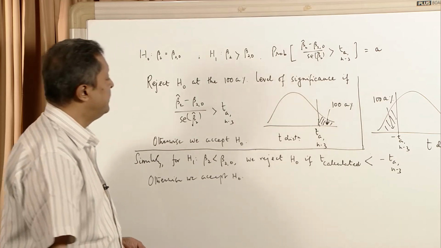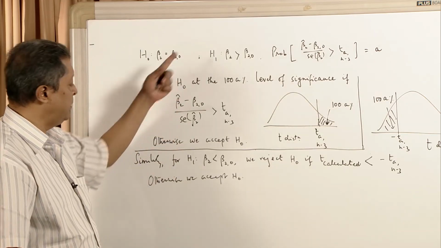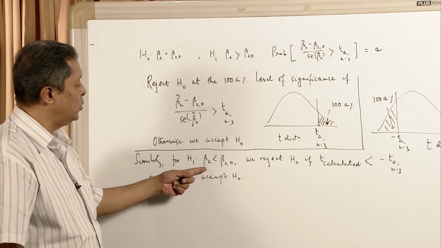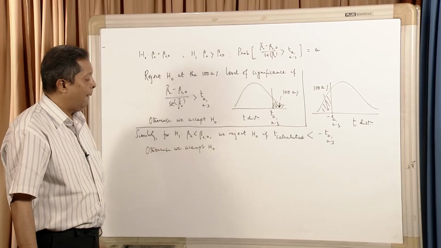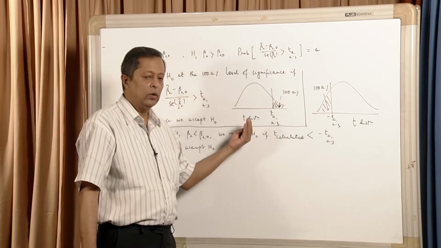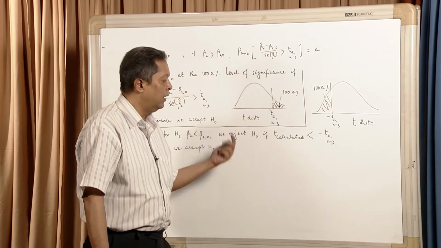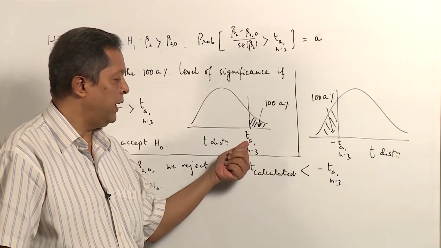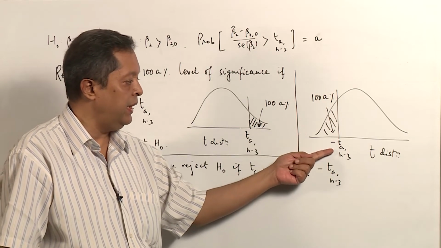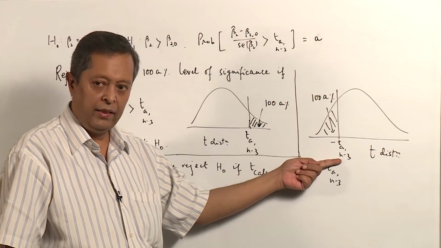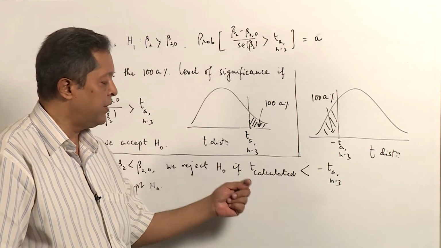Similarly, if the alternative hypothesis had been H1: beta 2 less than beta 2 naught, then we would have taken a look at the other tail, not the right hand tail, but the left hand tail. So, here we can identify the left hand tail as minus t_α with n minus 3 degrees of freedom, because the t distribution is symmetric.